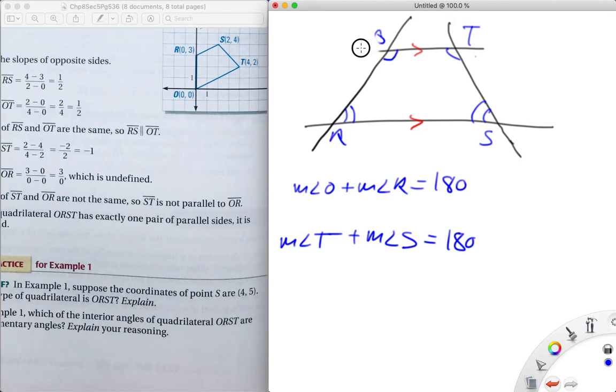And then you just have your trapezoid. Since there's only one pair of parallel sides, we only have one pair of consecutive angles that are supplementary.